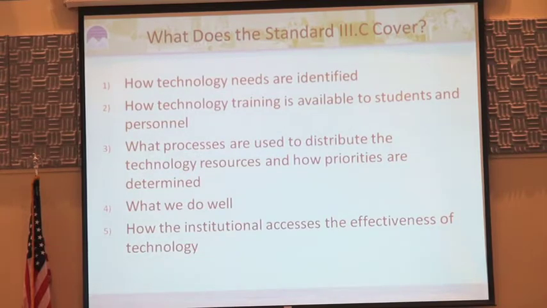Then what we do well, how institutional access, the effectiveness of the technology. That means, we said we're doing well, but how do we know we're doing well, right? Then lastly, could be the area need to improve. For the first 3 slides, the first 3 items could be presented by Curtis, and after that, we'll take care of the rest.